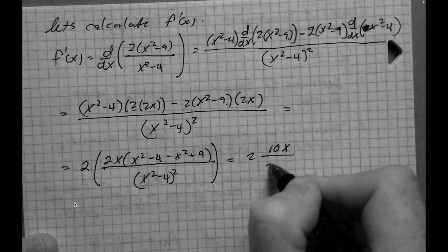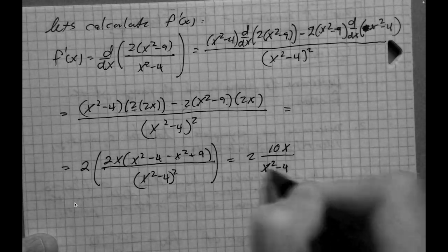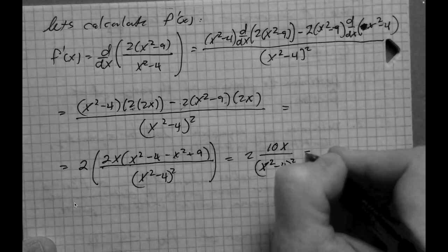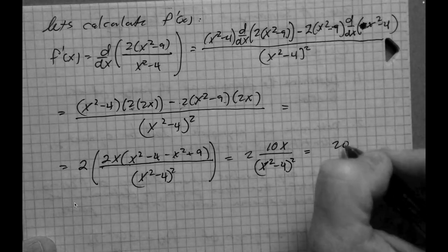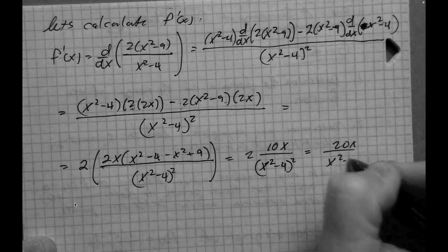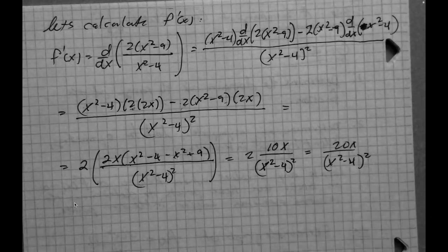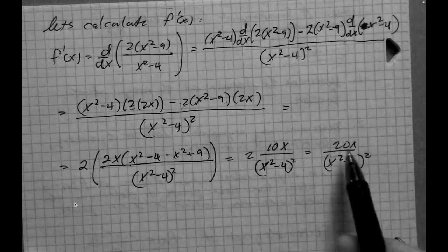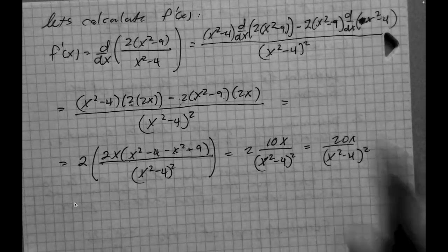And then in the bottom you'll have x squared minus 4 quantity squared. Okay, and then we'll go ahead and push that 2 through, so it's actually 20x. All right. So then, let's see. So that's the first derivative.